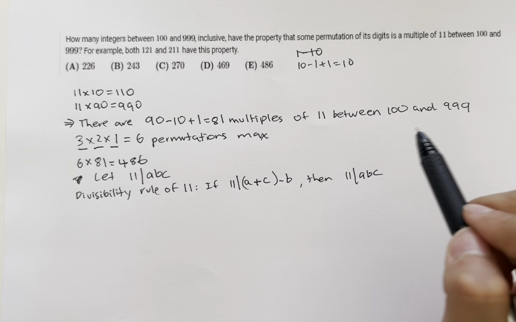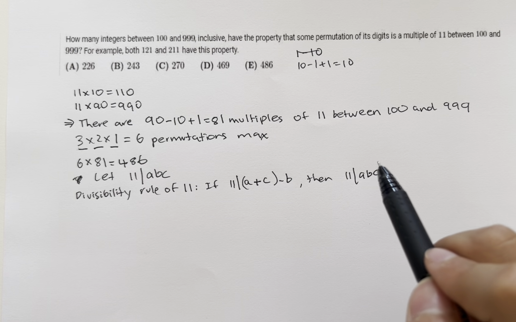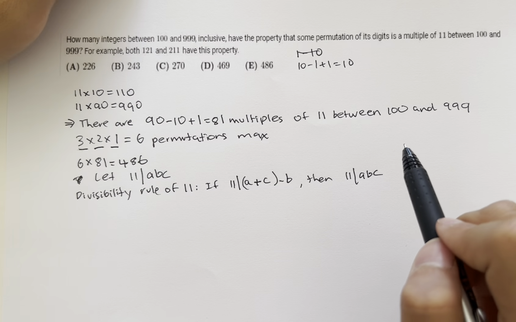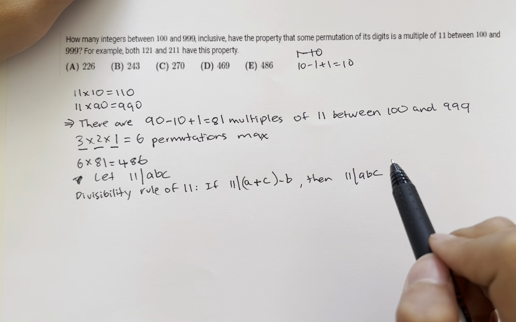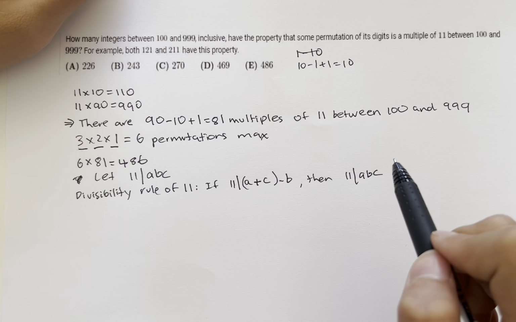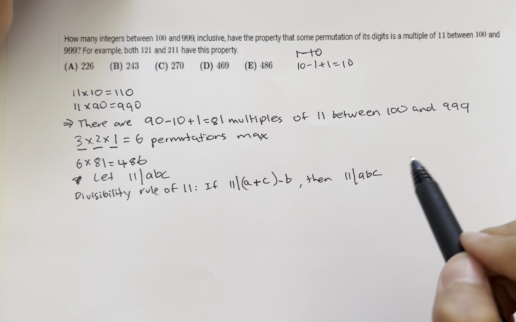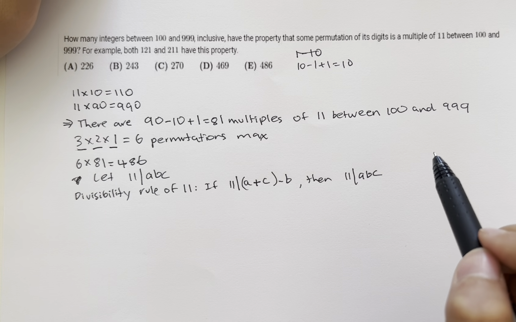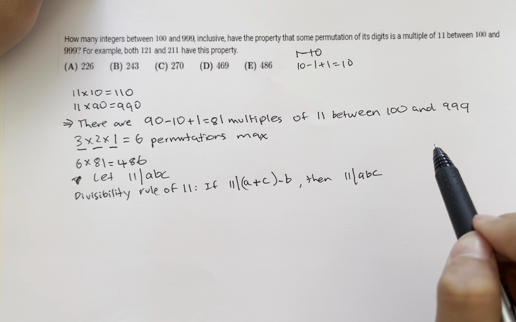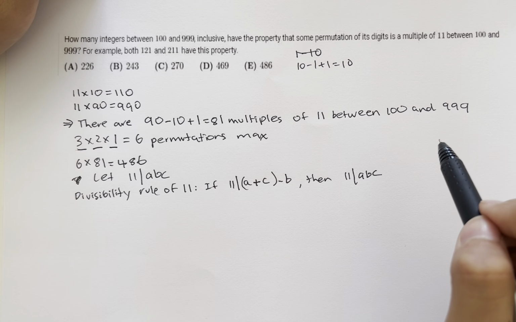But as shown here, if you just take 121 for example, a plus c equals 2, minus b, which is minus 2, so that'll be 0. So when a plus c minus b is 0 or a multiple of 11, then ABC is a multiple of 11.